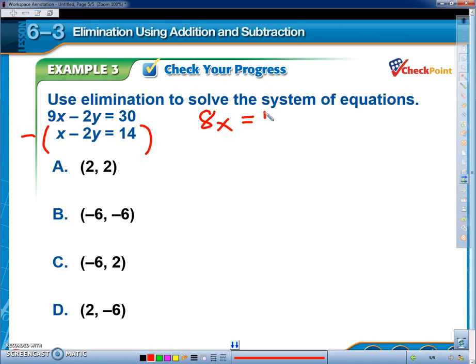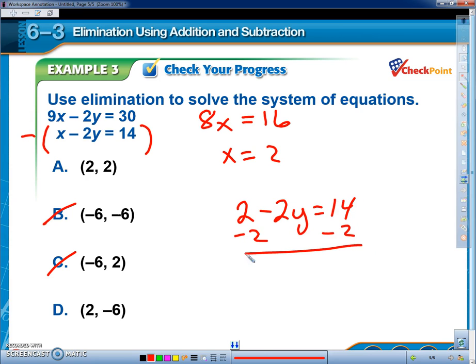Okay, that's going to equal 16. X is going to equal 2. Right now I'm not looking at B or C. I'm looking at x equals 2, so it's A or D. Once I put a 2 back in there, and I'm going to use the bottom one this time because those are pretty easy numbers. Okay, 2 minus 2y equals 14.